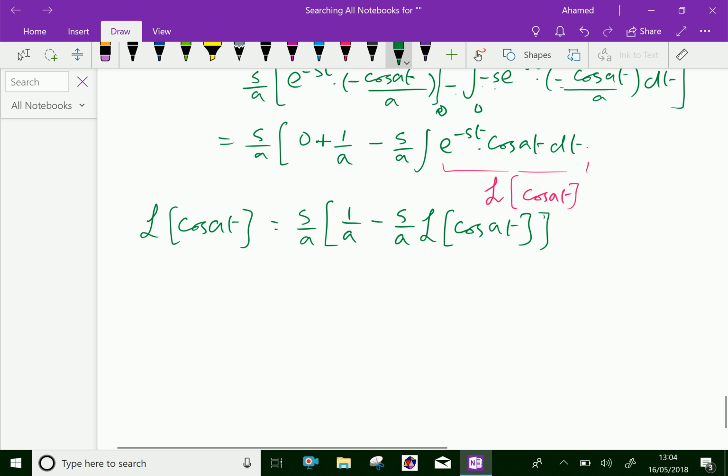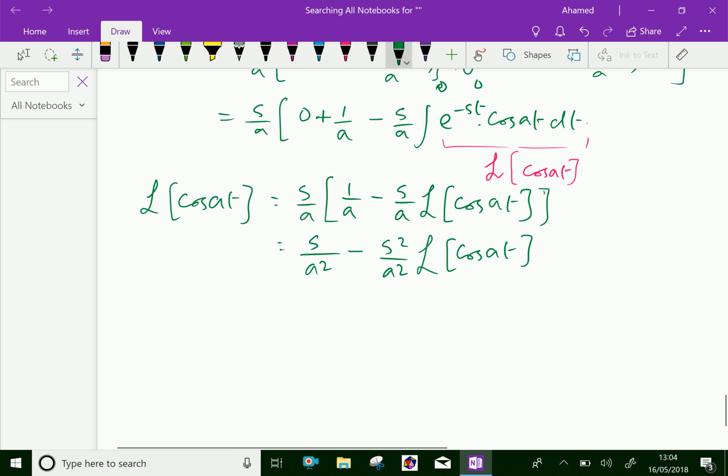Now we open the bracket and distribute s over a, both: s over a square minus s square over a square into Laplace transformation of cos at.